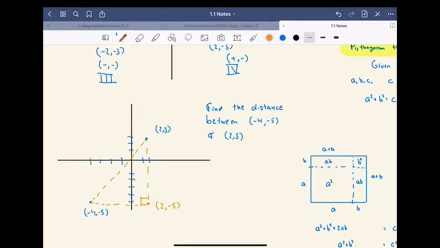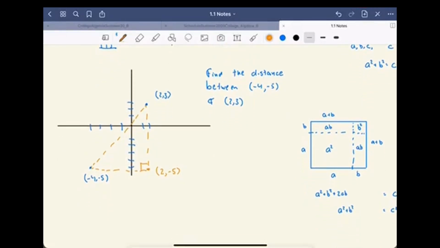So the Pythagorean theorem is going to be, well, we have to ask ourselves, what's the distance between -4 and 2? Okay, so the key point is to realize the distance between -4 and 2, how far away those are, is simply 6.